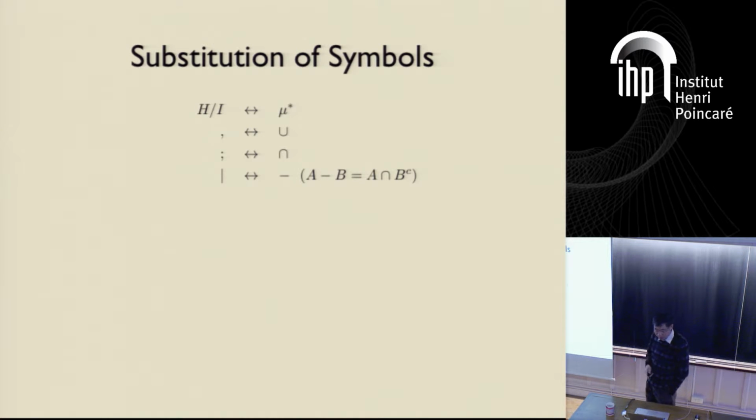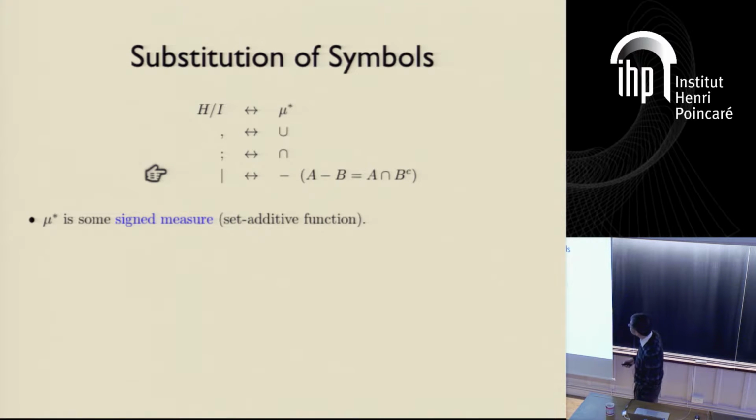I'm going to tell you what a mu star is. Mu star is some signed measure or set additive function. When you see a comma, you replace it by union. When you see a semicolon, you replace it by an intersection. When you see a conditioning bar, you replace it by set minus, where A minus B refers to A intersect B complement. So everything on the left-hand side is about information theory, and everything on the right-hand side is about set theory.